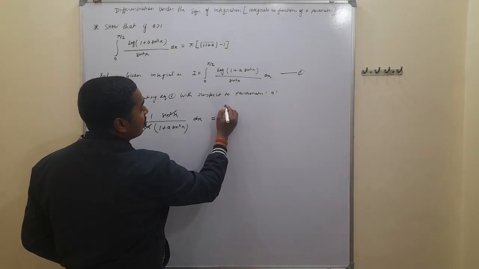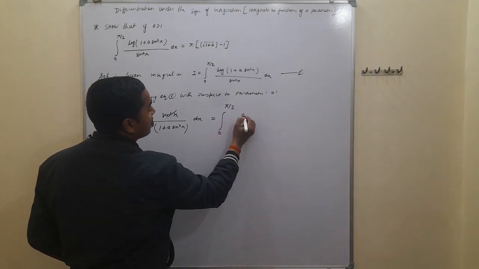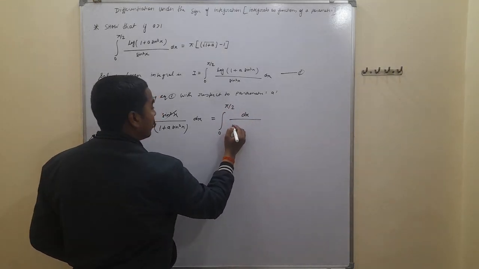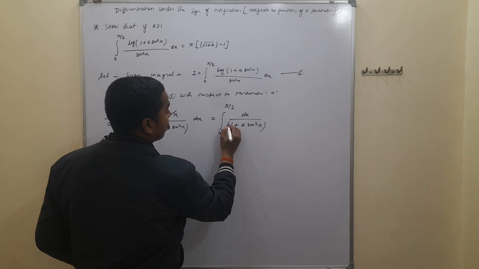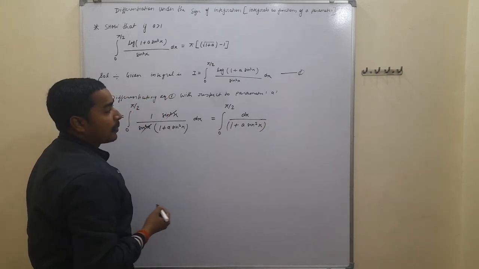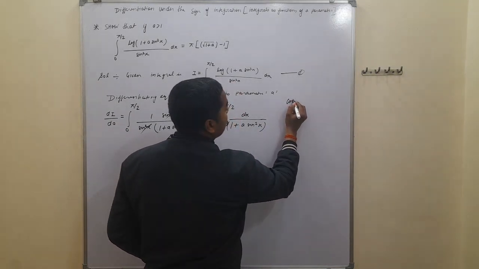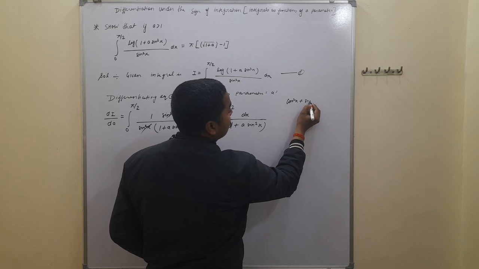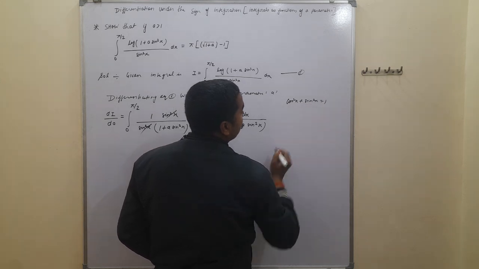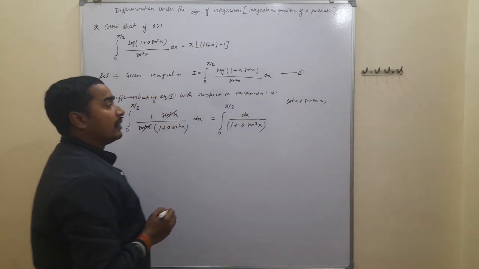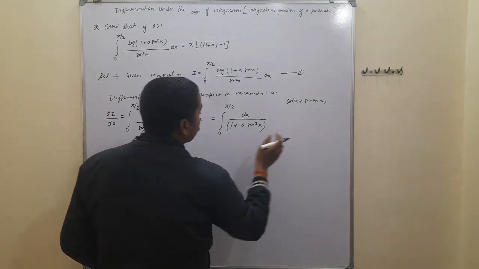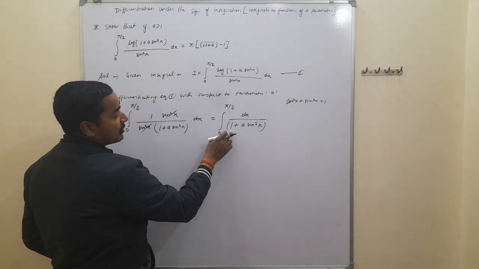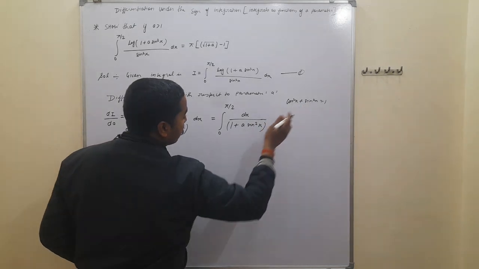integral from 0 to pi by 2 of dx upon (1 plus a sine square x). We know that cos square x plus sine square x is equal to 1 from trigonometry, and this is an identity. So we use here, in place of 1, cos square x plus sin square x.